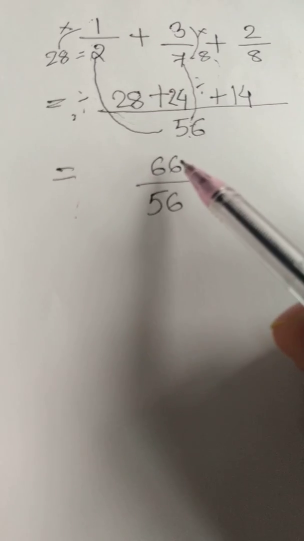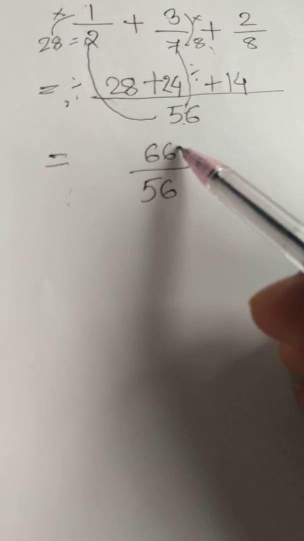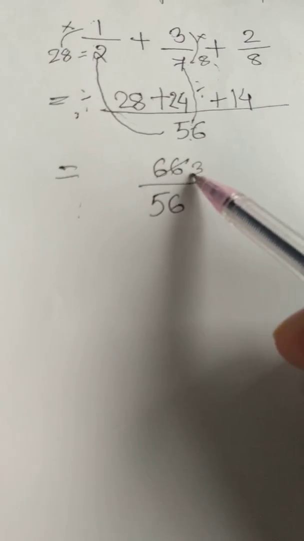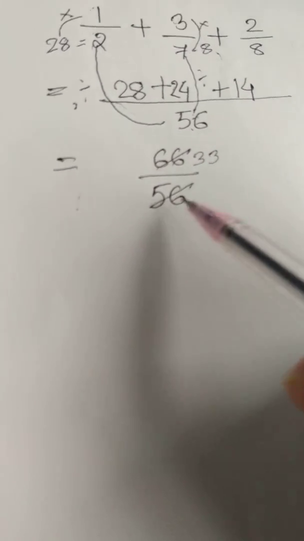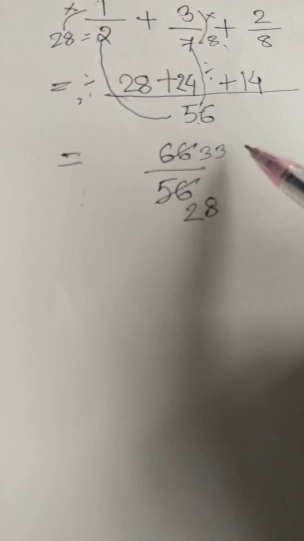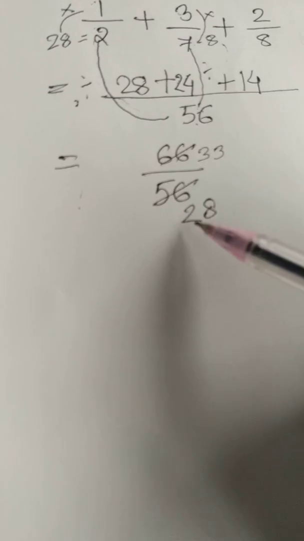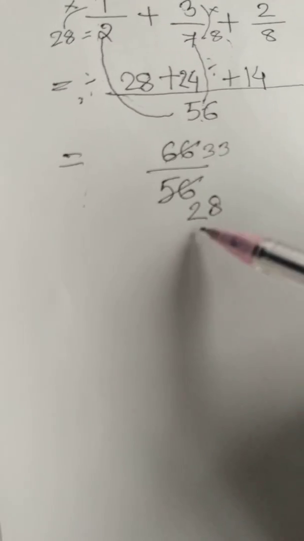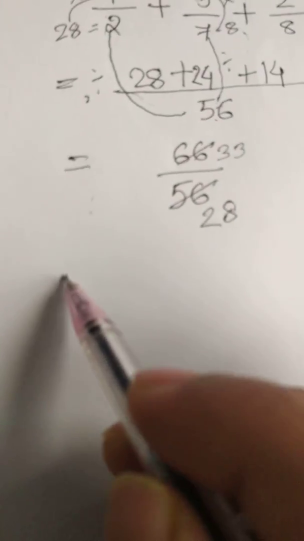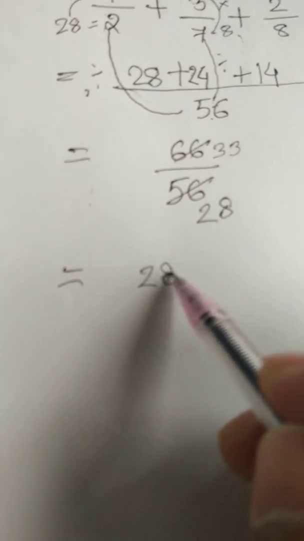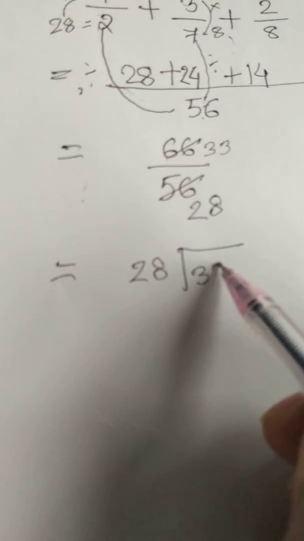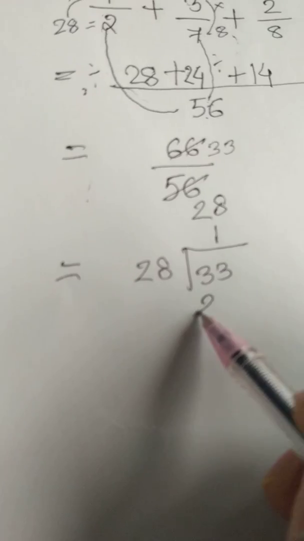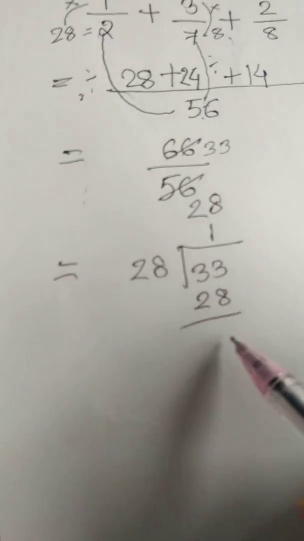We can reduce it first. 2 into 33 is 66. 2 into 28 is 56. Now 33 and 28, we cannot divide with the same number, so we just convert it into a mixed fraction. So 28 ones are 28, remainder 5.